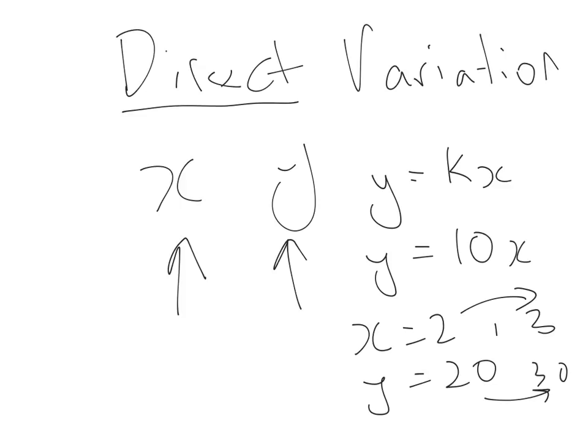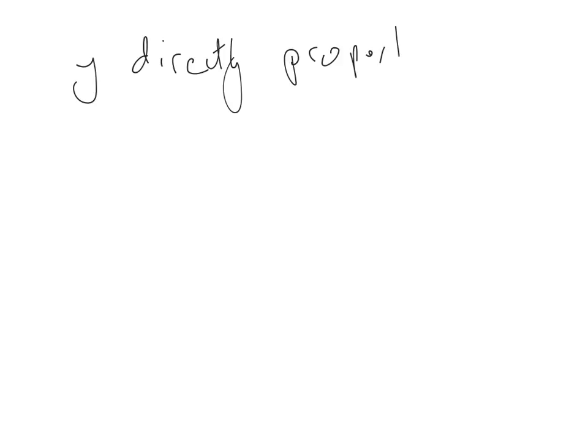Okay. So there are 4 types of direct variation. So we have y is directly proportional to x. That just tells us that nothing fancy is happening.